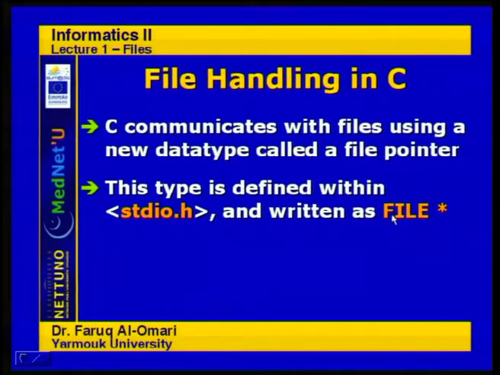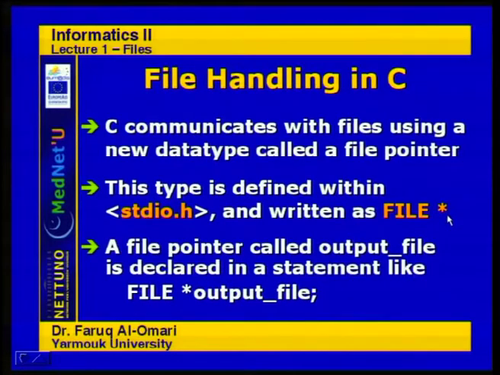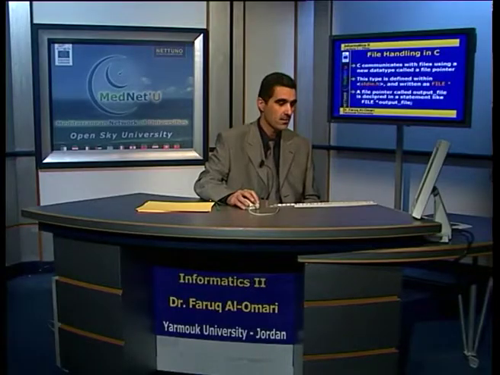It's written as FILE with all capital letters, and then an asterisk. A file pointer, let's say outputfile, which is going to be a variable, is declared in a statement like FILE, again with all capital letters, asterisk, outputfile. This variable is of this type, and it's going to be a pointer to a file, as we're going to see later.